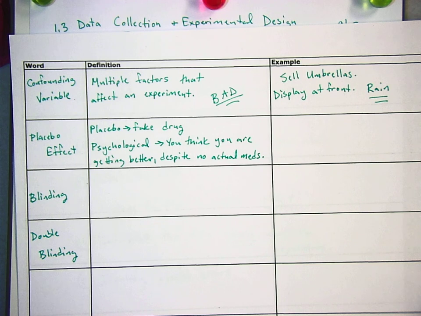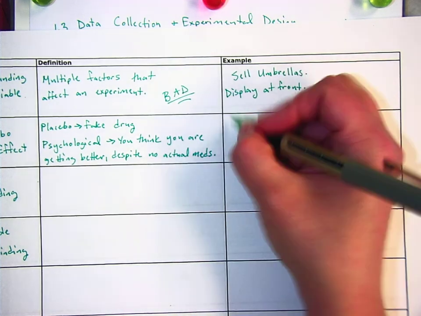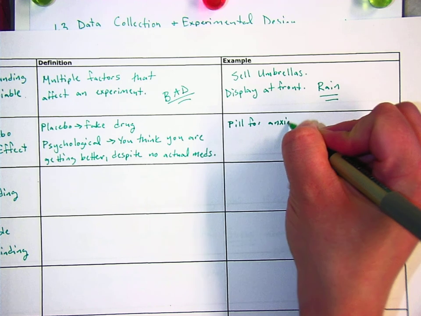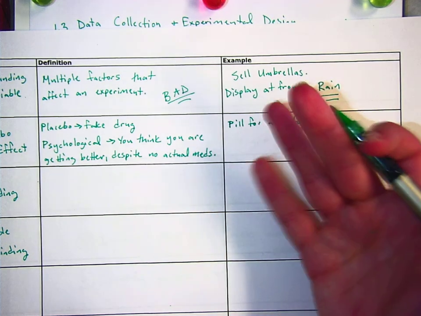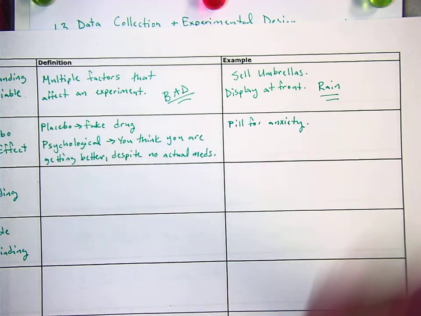And let's suppose it was something, I mean, this is not something that you would want to do with something serious like heart attacks or something. Anxiety is serious, but it's a little bit harder to diagnose than like a heart blockage. So with anxiety, what if they give you like a pill for anxiety? And just the process sometimes of taking a pill and feeling like you're trying something makes you believe that you are feeling better.